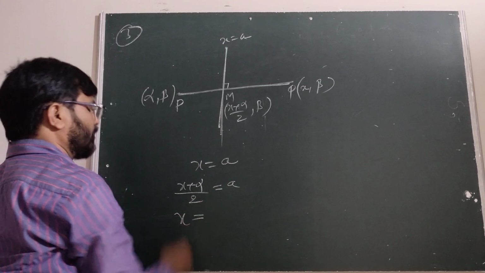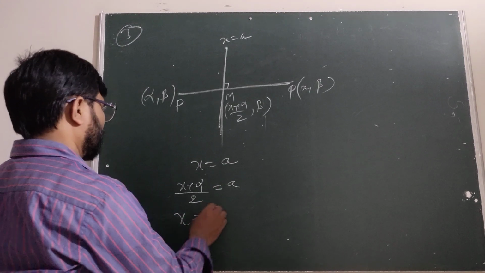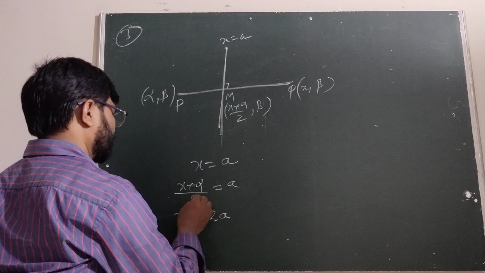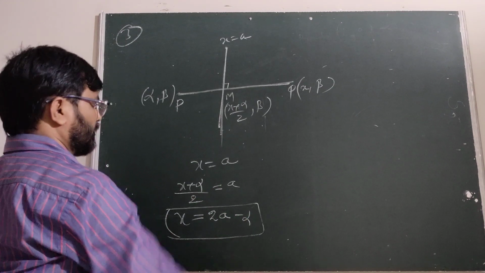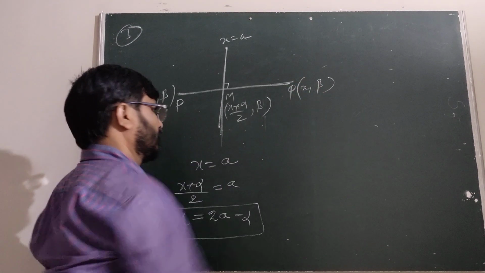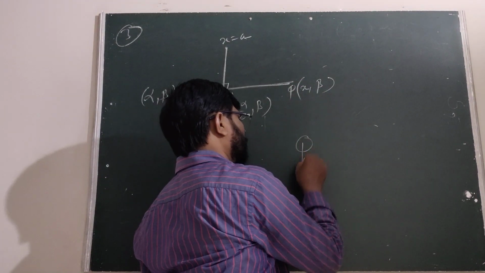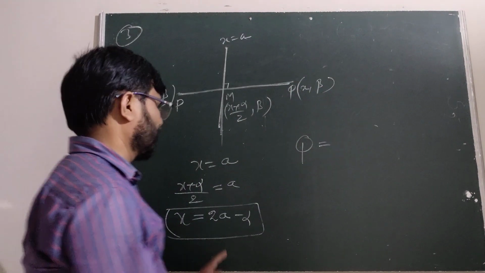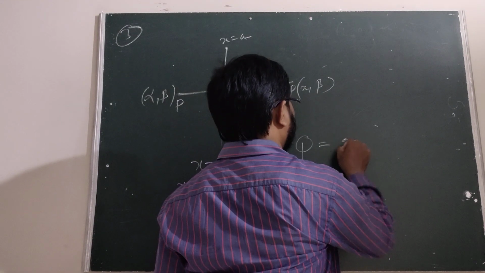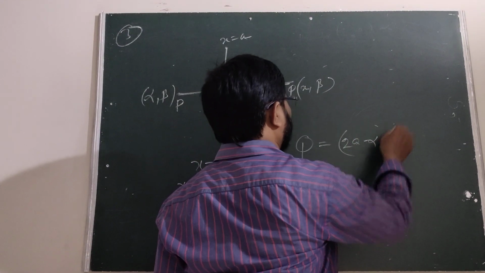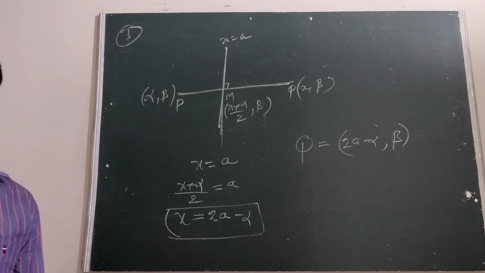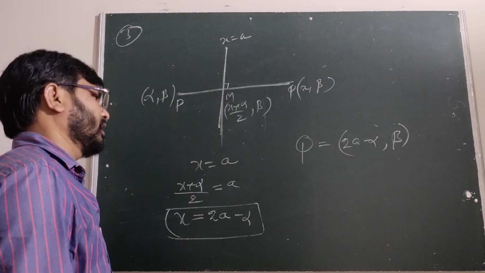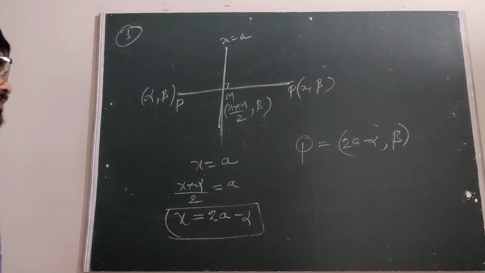Therefore x equals 2a minus alpha. So the image Q is (2a minus alpha, beta).